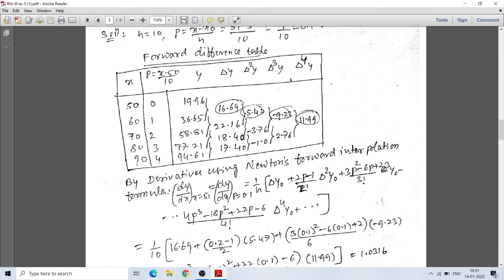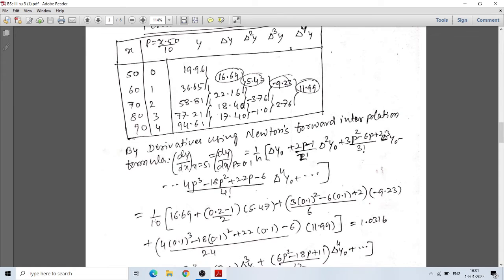This is the formula. Now here h is 10, from the values of x, 60 minus 50, so 1 by 10. Then, as I told, from the forward difference table we will get the delta y naught, delta square y naught, and delta cube y naught values.